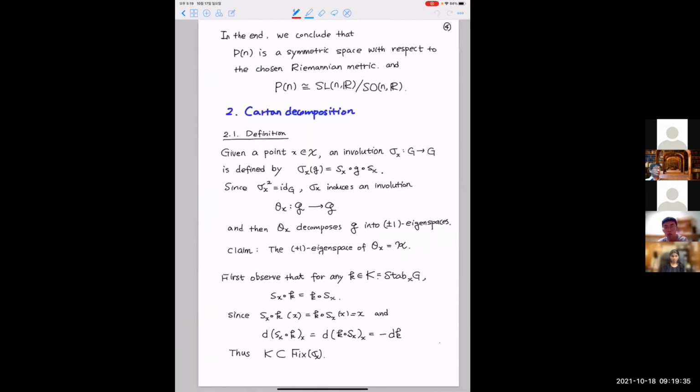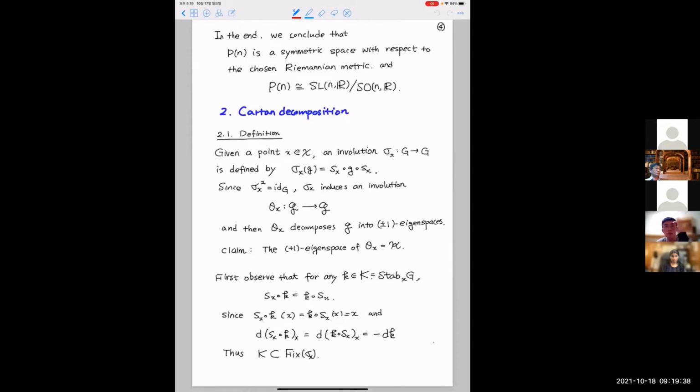So we can conclude that the Pn is a symmetric space with respect to the chosen Riemannian metric. And also Pn, the symmetric space, is diffeomorphic to SLnR quotient by SOn. So this is the isotropy.